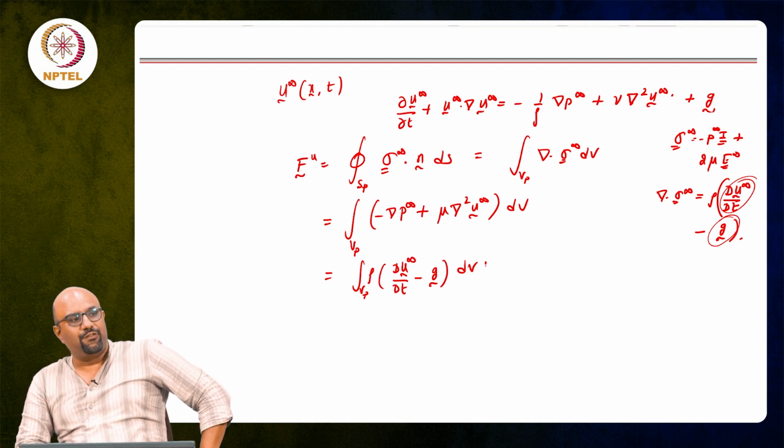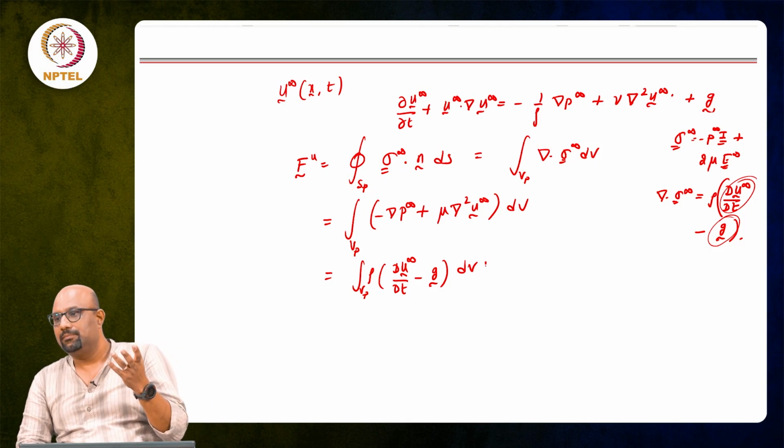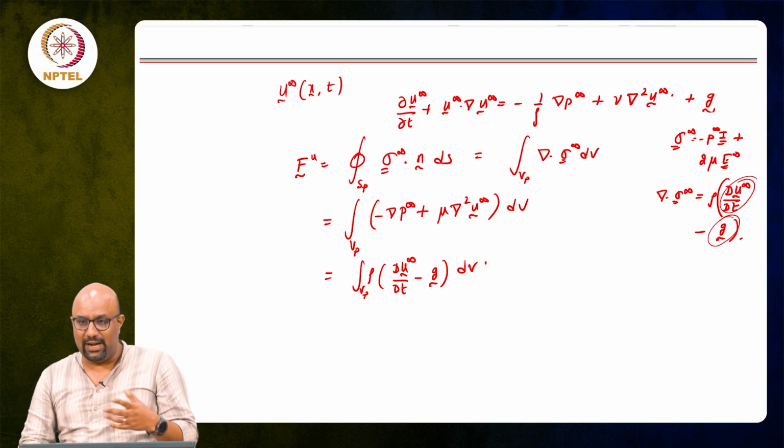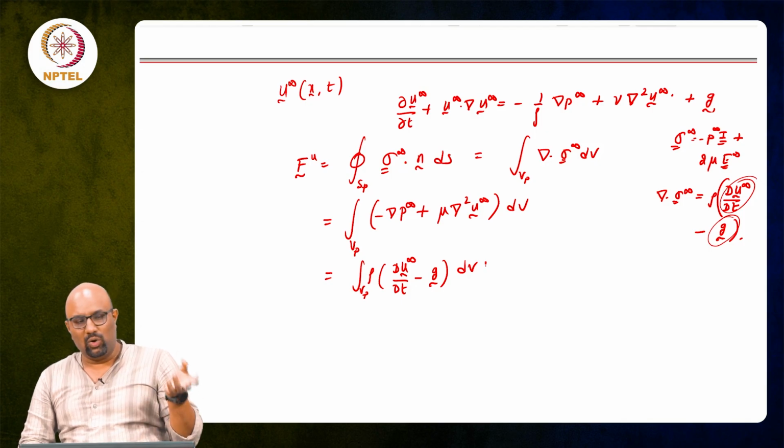So even if the flow is not unsteady, but the flow is varying spatially. Think of a flow which is spatially non-uniform, and we all understand when we get introduced to the idea of a material derivative that a fluid can have acceleration even if it is steady. If you have a velocity field that is varying in space, you can have a non-zero contribution to the u dot del u term.